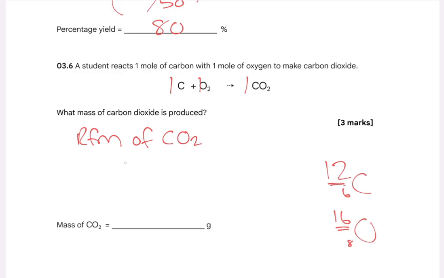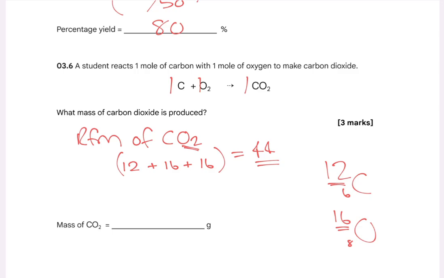So if carbon dioxide has 1 carbon and, indicated by this O2, it has 2 oxygens, we know that we will need 2 lots of 16. If we add all that together, we will get 44. That gives us the RFM of carbon dioxide.